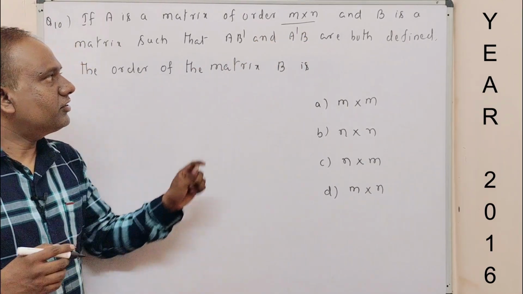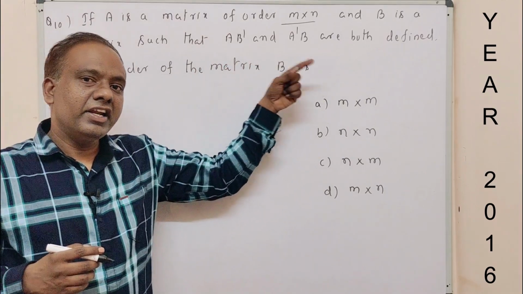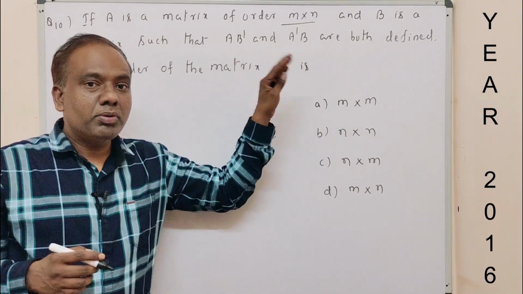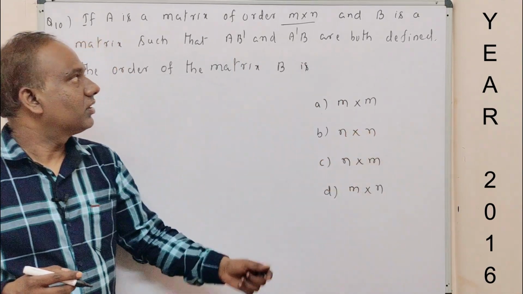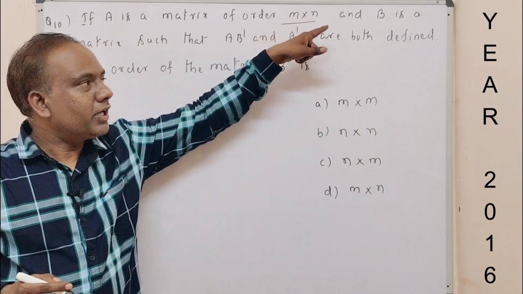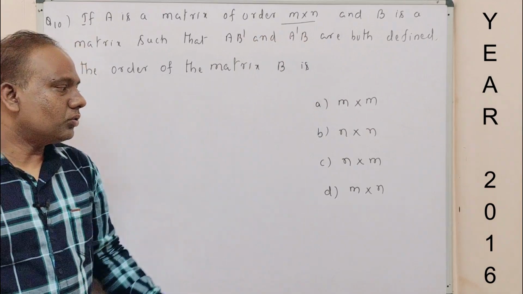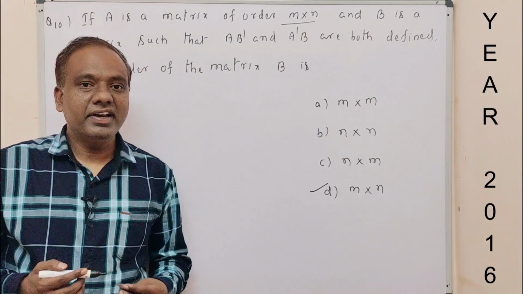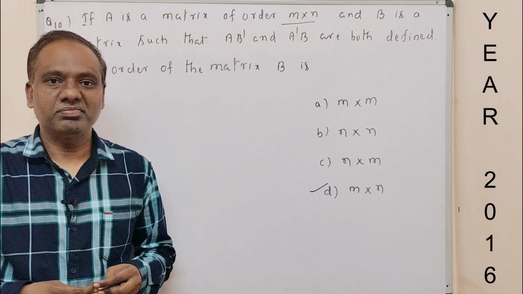The condition is A B dash and A dash B both are defined, which means order of A is m by n, so order of B also m by n. That means option D is the correct answer.